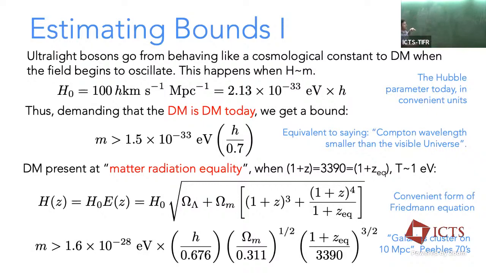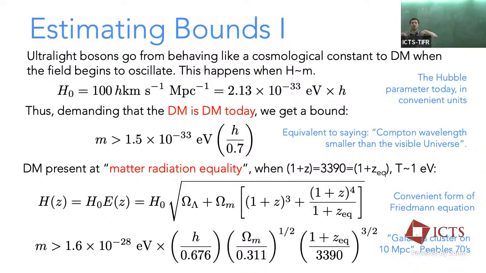When the field starts to oscillate, the energy density of the field goes from being constant to going like a to the power minus 3. That happens when 3H is of order m. And if I want my field to behave like matter, it had better be after this time.